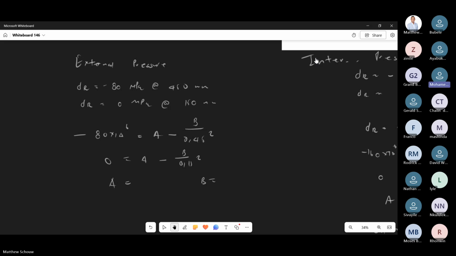Did you guys check 1.5? One 1.5, this is a new more where you start looking at Poisson's ratio, where it involves strains.